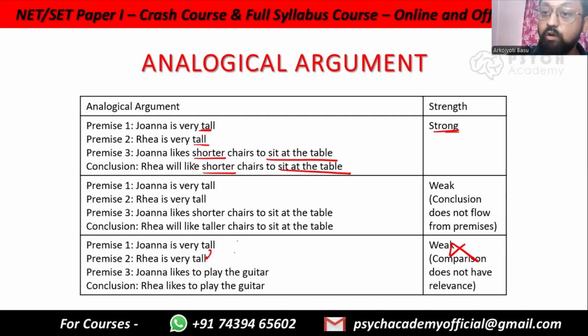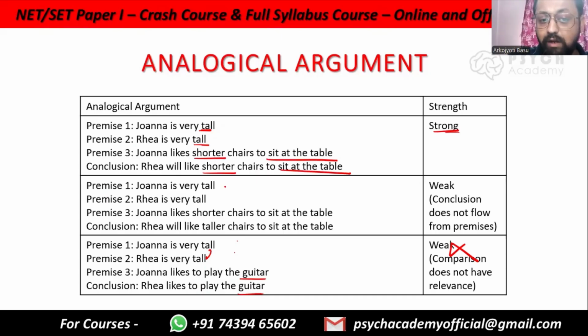They are relevant to each other. But being tall and playing the guitar, they are not related to each other. And you see the comparison out here is also correct. Tall and tall. If Ria was short, then this comparison would not work and it would be weak reasoning.